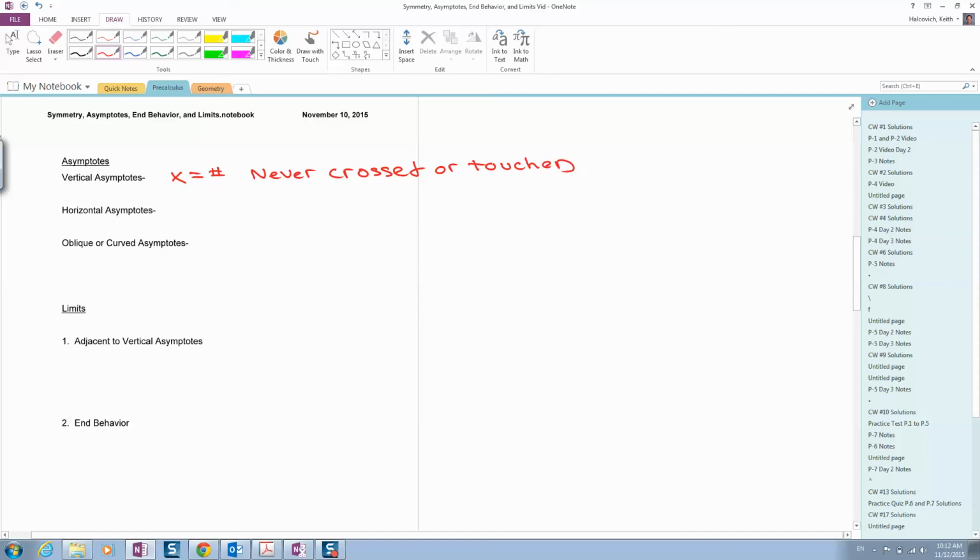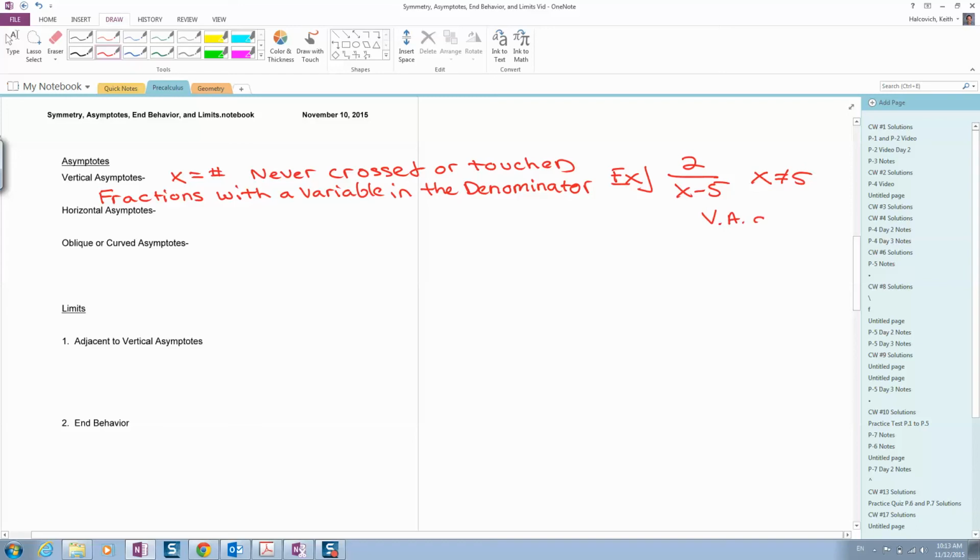Now, whenever we have vertical asymptotes is usually when we have fractions with a variable in the denominator. So for example, 2 over x minus 5. Well, we know that x cannot equal 5, so therefore the graph will have a vertical asymptote at x equals 5.